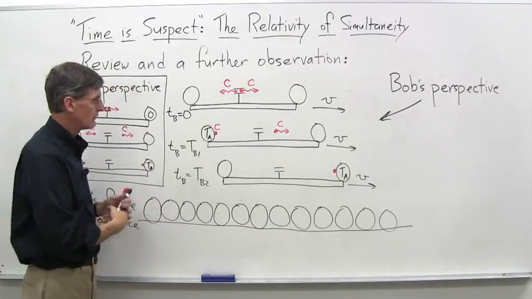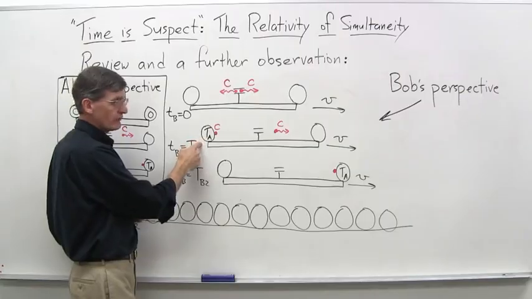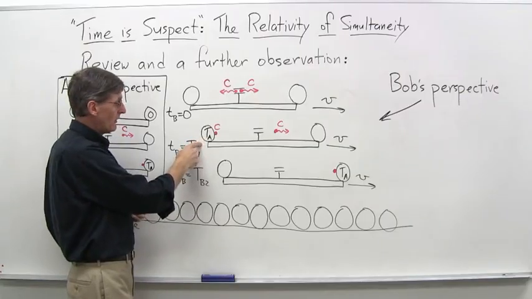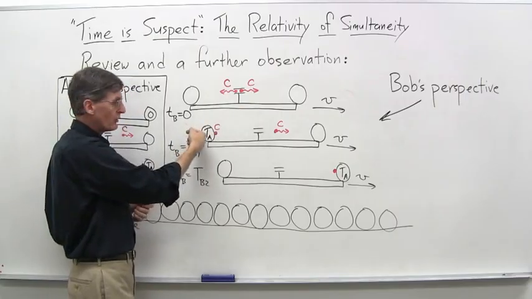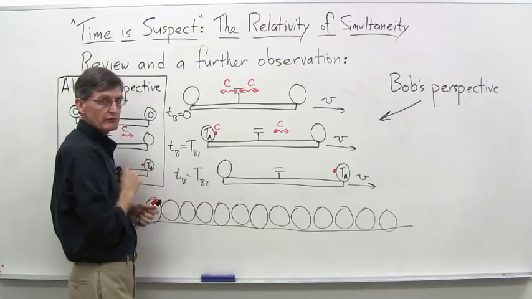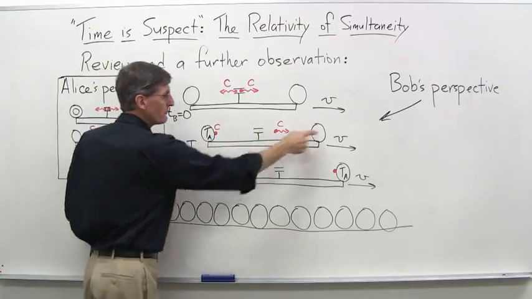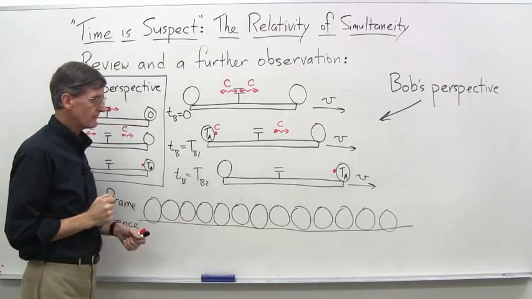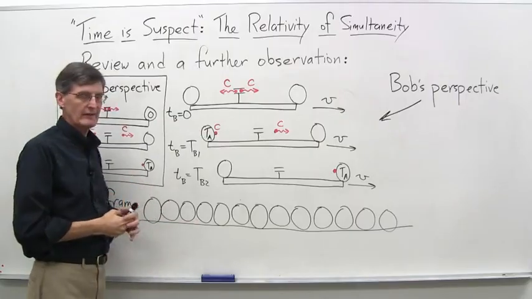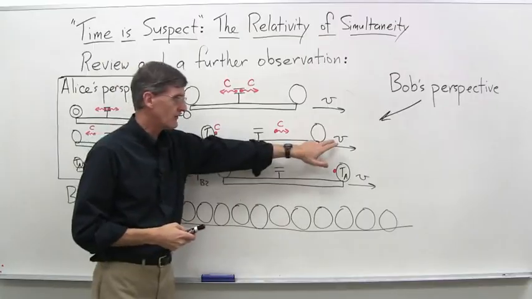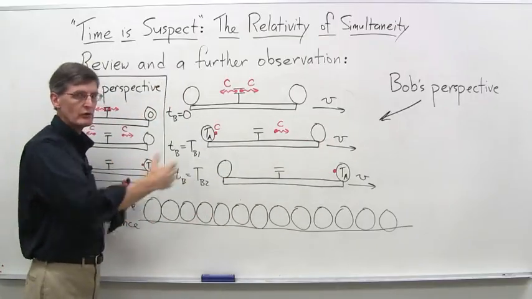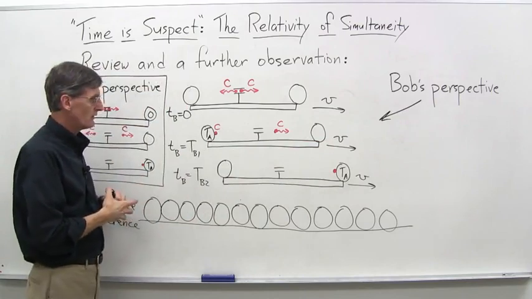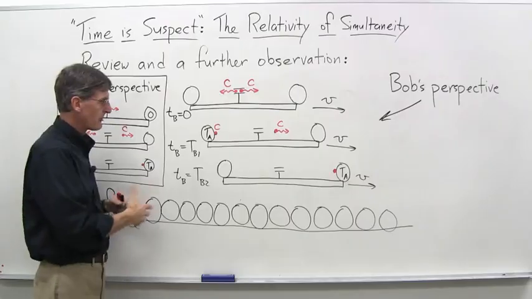And what that means is that because this rear clock on Alice's spaceship is moving toward this light pulse coming toward it, this light pulse will hit this rear clock before this light pulse can reach that clock. Of course, in real life, light is so fast and typically velocity is so small, we don't notice this difference, but if you can get large enough velocities, this effect will come into play.